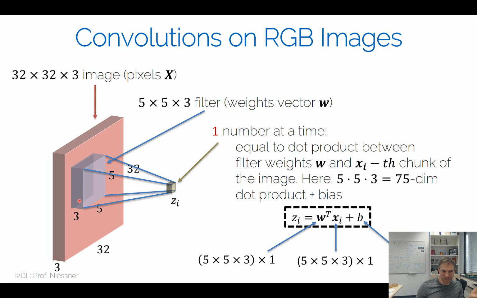So x_i means this crop here of the image. And here, as I said, we have a 5x5x3-dimensional dot product that we have to apply. And similar to the MLPs that we had before, we don't just apply the filter, but we also have a bias. So we have the dot product between the filter weights and the image chunk, plus a bias that we add.